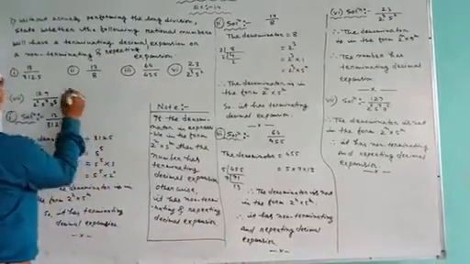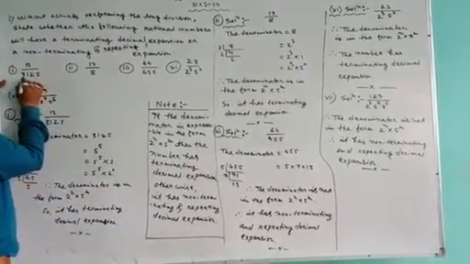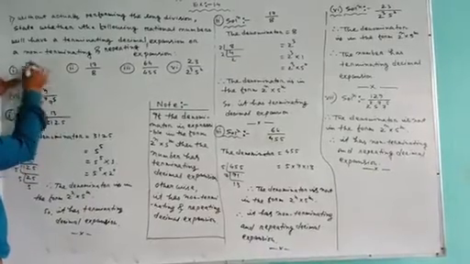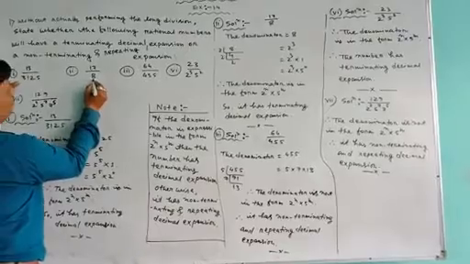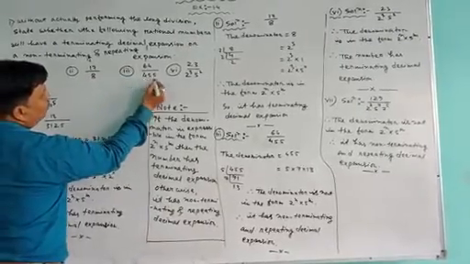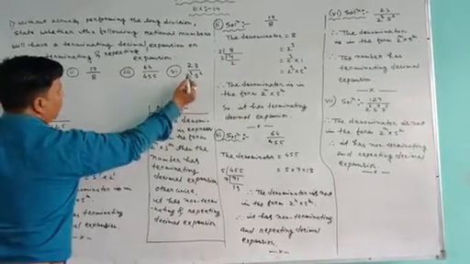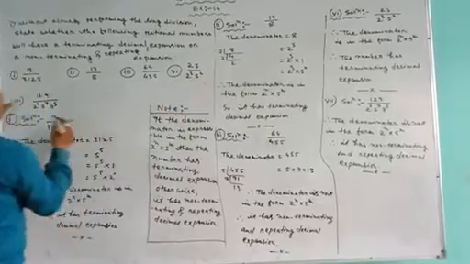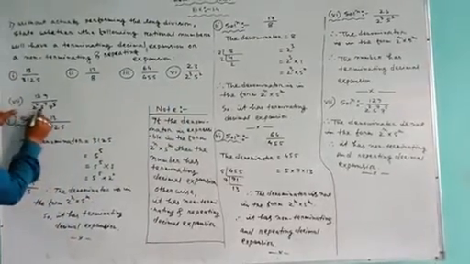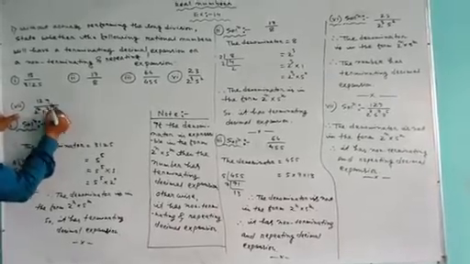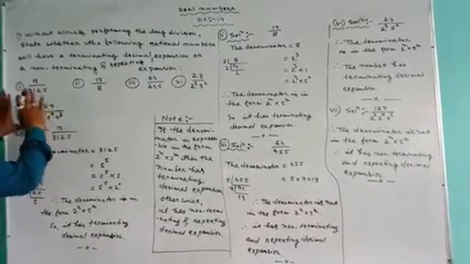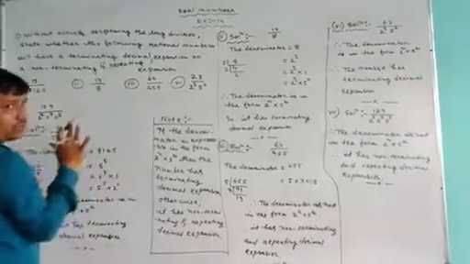Means what? Suppose in this problem the denominator is 3125, here the denominator is 8, here the denominator is 455, here the denominator is 2 to the power 3 into 5 to the power 2, here it is 2 to the power 2 into 2 to the power 2 into 5 to the power 7 into 7 to the power 5. These are the denominators of different numbers.